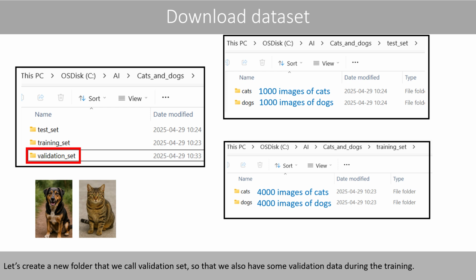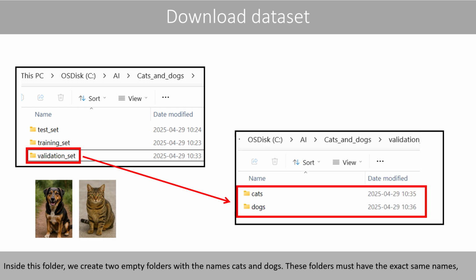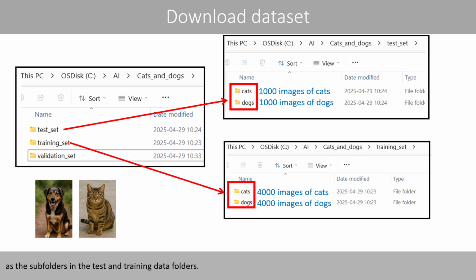Let's create a new folder that we call validation set, so that we also have validation data during the training. Inside this folder, we create two new empty folders with the names cats and dogs. These folders must have the exact same names as the subfolders in the test and training data folders.